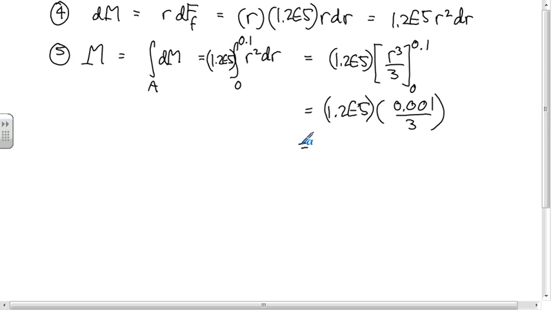And so that is 4 times 10 to the 2nd, 40 Newton meters. Okay? So it's those same 5 steps every time.